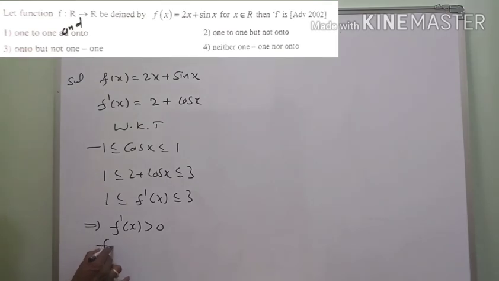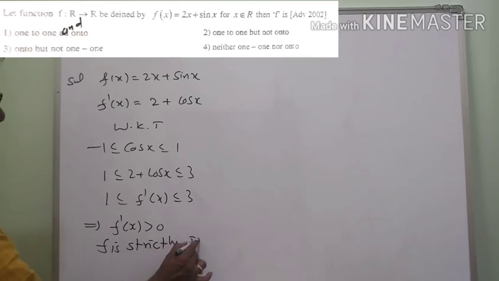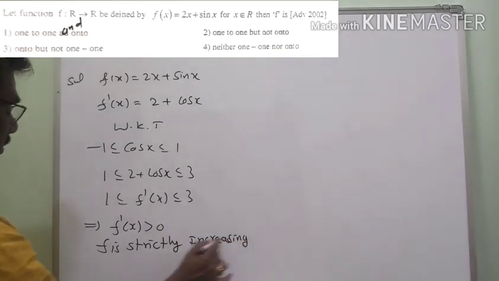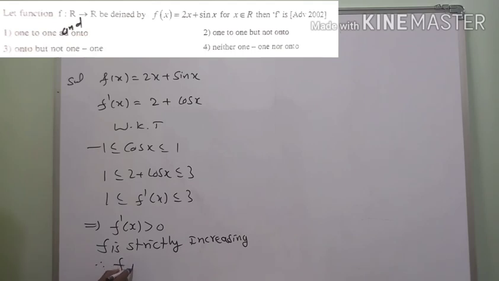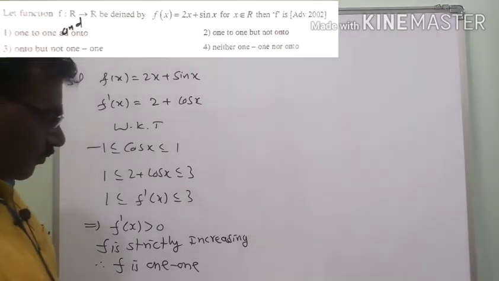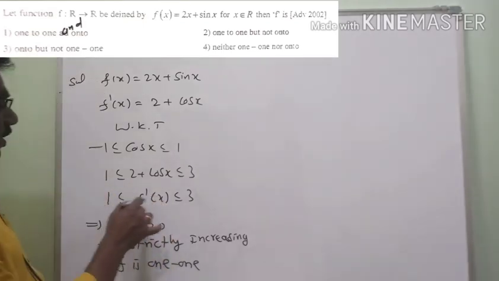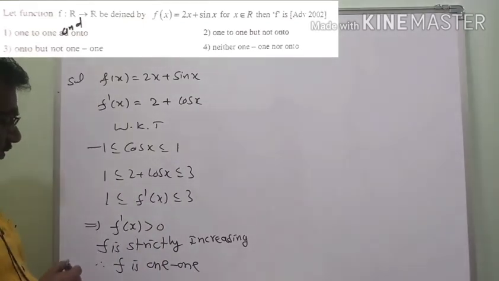So f is strictly increasing. Therefore, f is one-one. Whether f dash of x is positive or negative, the function is one-one only. So f dash of x lies between 1 and 3, it is always positive.